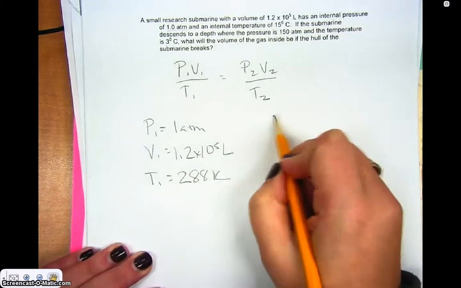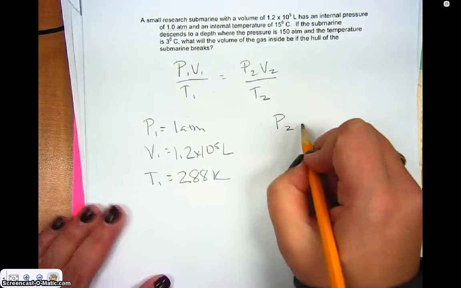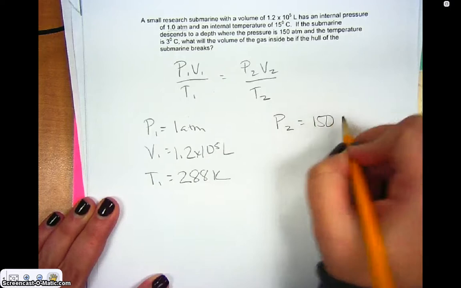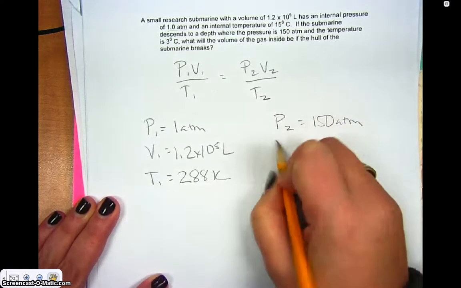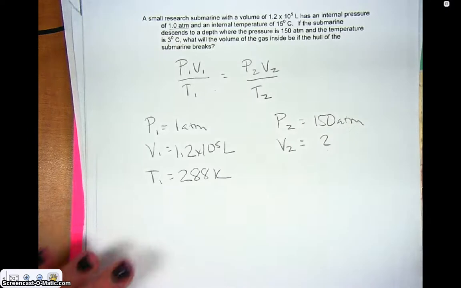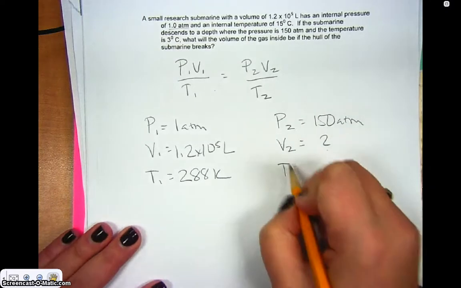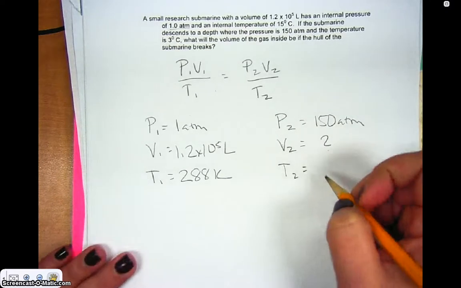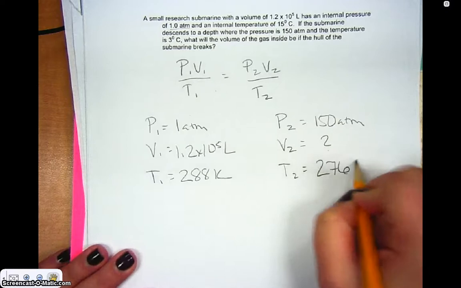So then my pressure 2 increases to 150 atmospheres, and my volume is what I'm trying to find. So I'm trying to find my V2. And my temperature I know is going to drop to 3 degrees Celsius, which is 276 Kelvin.